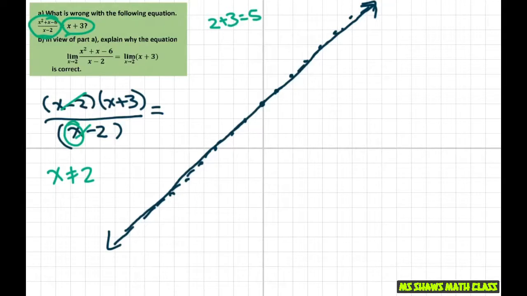Now, I'm going to show you the graph of both of these. So for the first side, the left-hand side of the equation, it's this graph, but at 2, it's undefined. So you would have an open interval there.